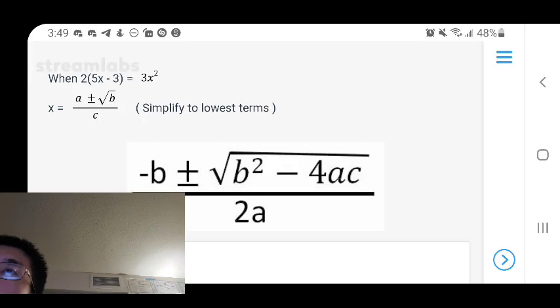Let's see. Yep, that's the quadratic formula. It's in that standard form. I'm gonna remind myself what the quadratic formula is.